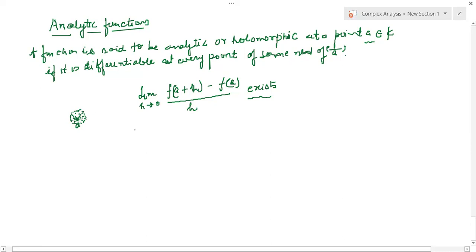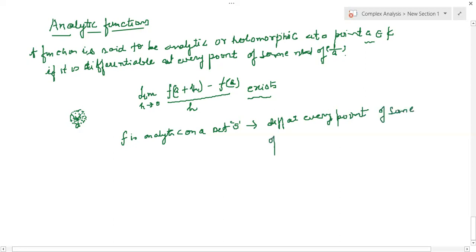And we have discussed that if a function is analytic on a set S, then it must be differentiable at every point of some open set containing this set S.